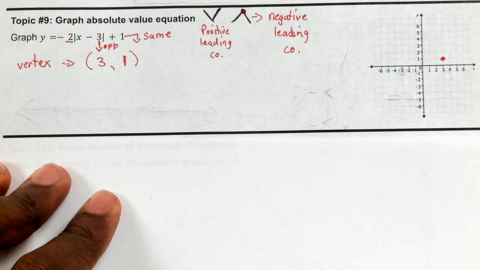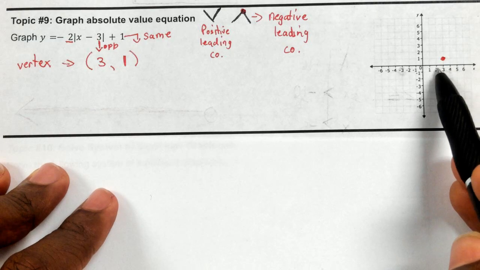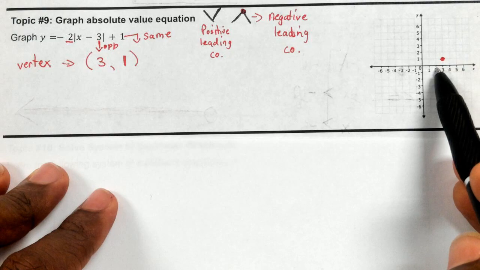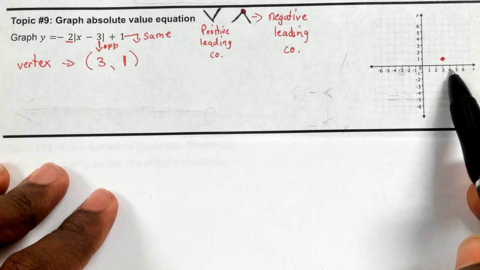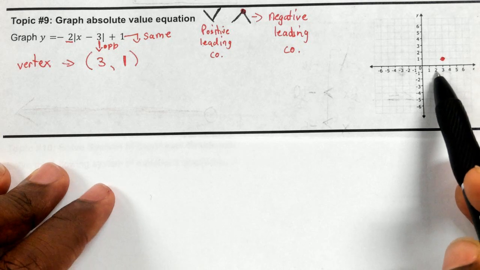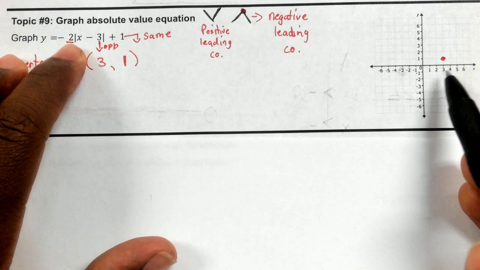So this is what I'm going to do to make sure that my graph is accurate. I'm going to look to the left and the right of my point. To the left of my point would be +2, and to the right of my point is +4. So I'm going to plug in +2 for my x to find the y value that goes with it.